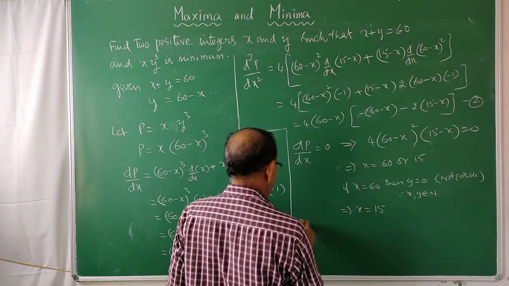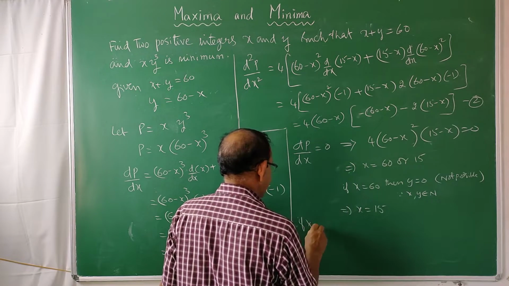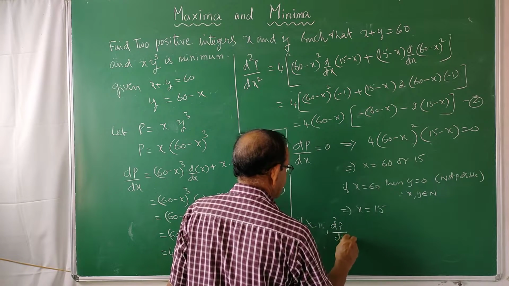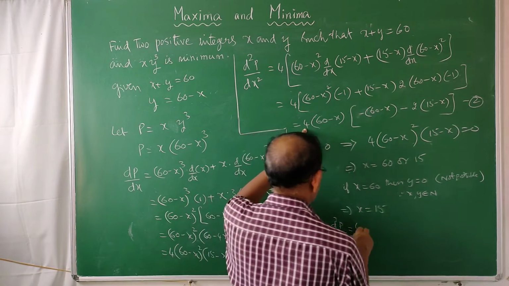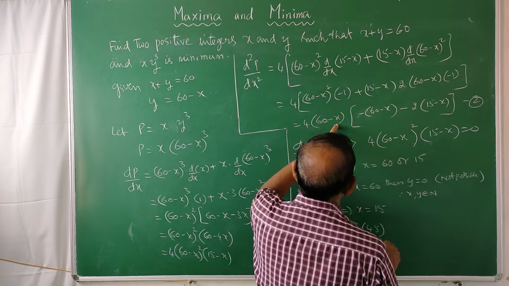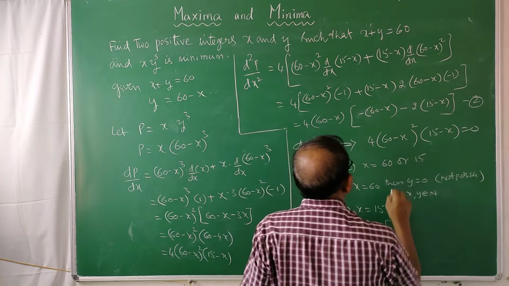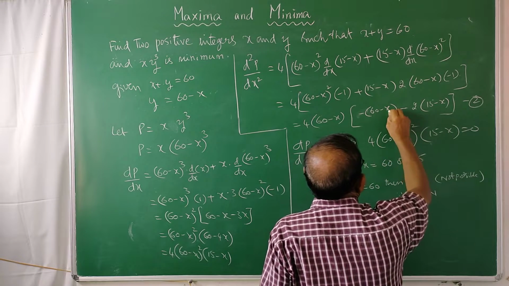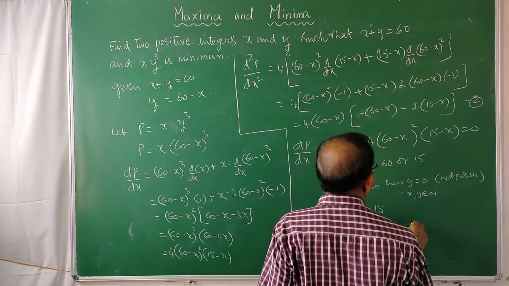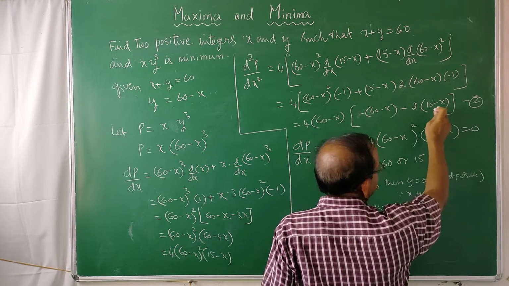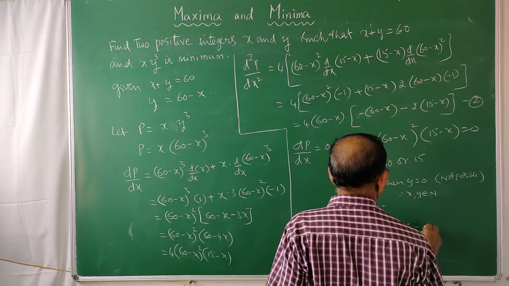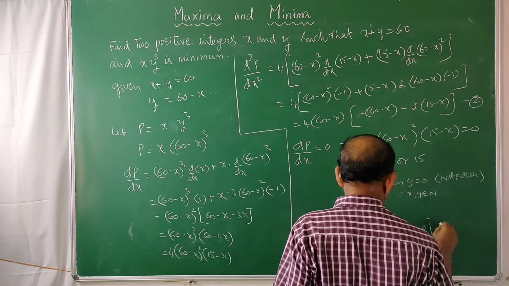If x is equal to 15, d square p by dx square is equal to 4 into 60 minus 15, which is 45, into 45 minus 45, minus 2 into 15 minus 15, that is 0. So that is negative.